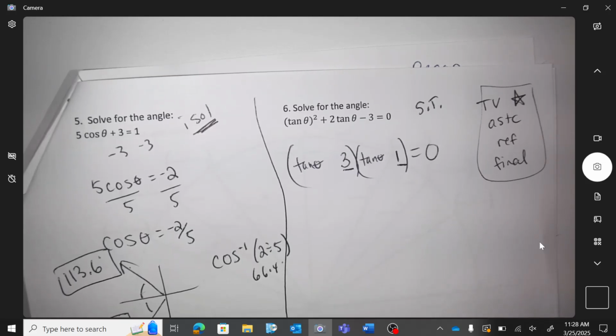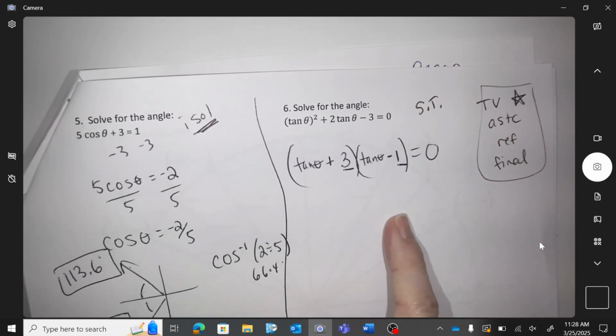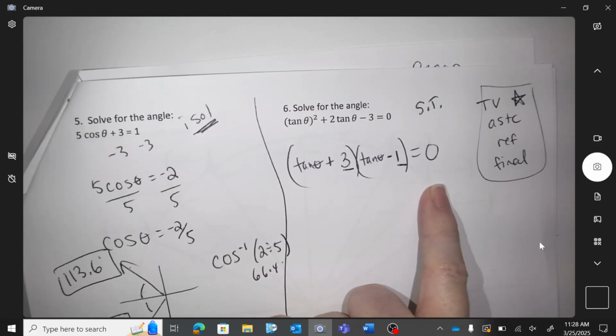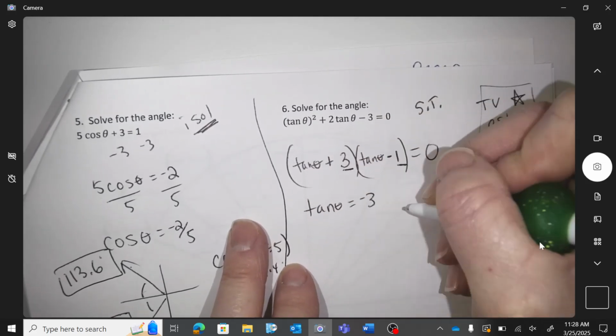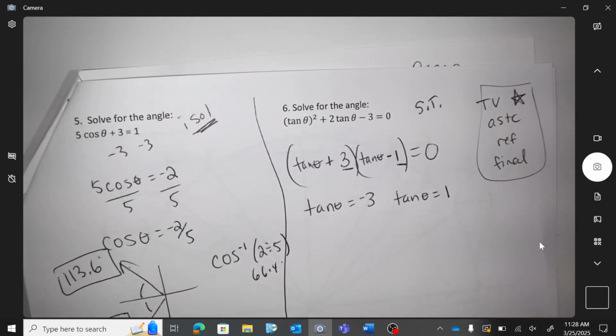You got to get me to add to a +2. Okay, so multiplies to -3, adds to +2. Okay, so that work is step 1.